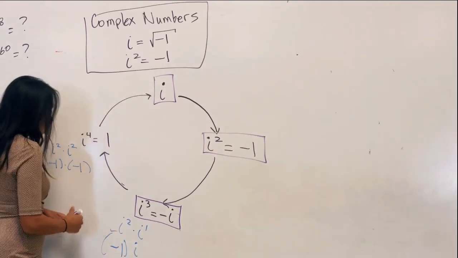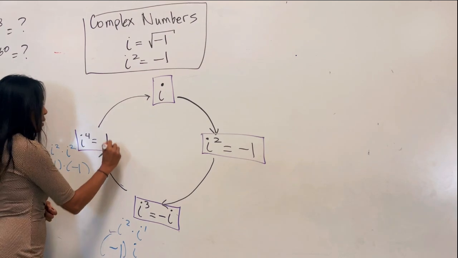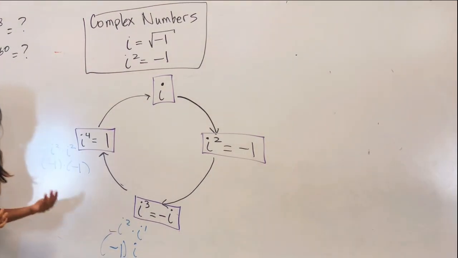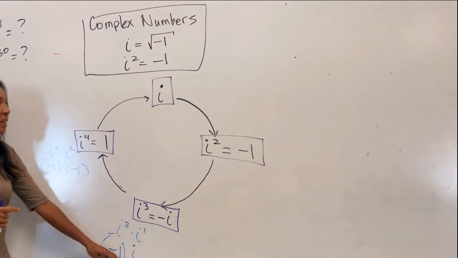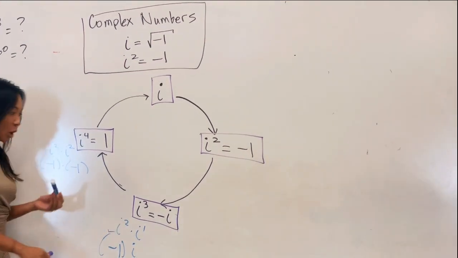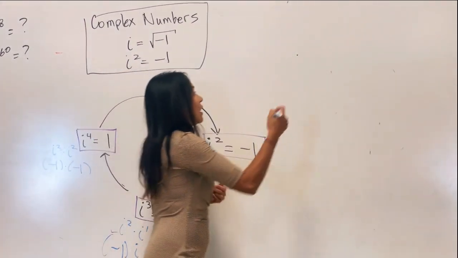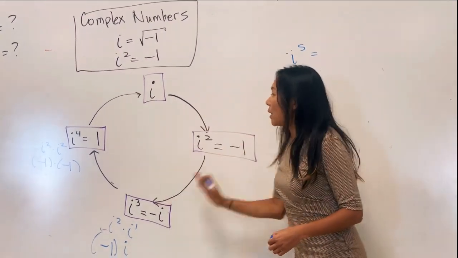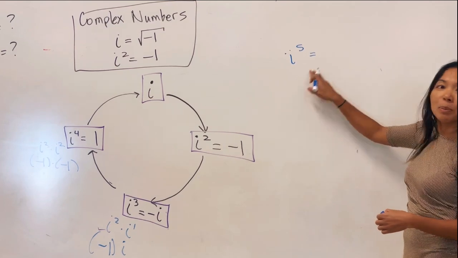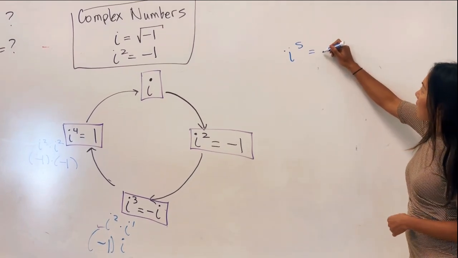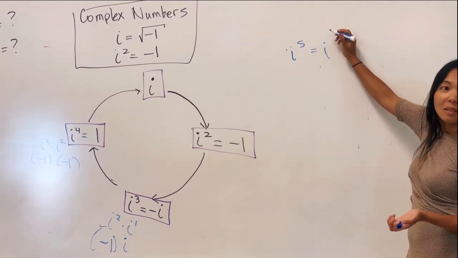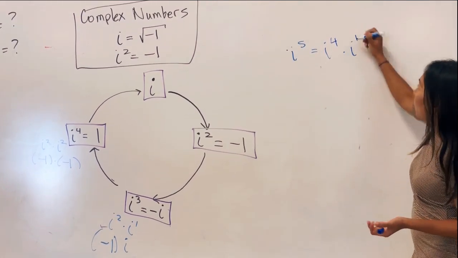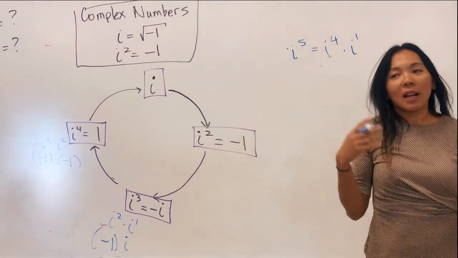Okay, so now let's do i to the 5th. And you're going to wonder, is she going to keep going on and on? No, I'm not, but I just want to show you a pattern. So given what I have here, how can I get i to the 5th? What product can I make? i to the 4th times what? i. Or you could do i to the 3rd times i to the 2nd.